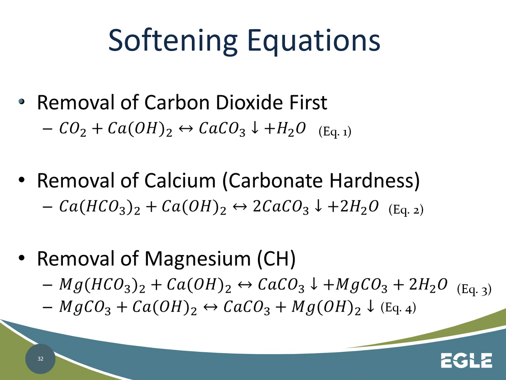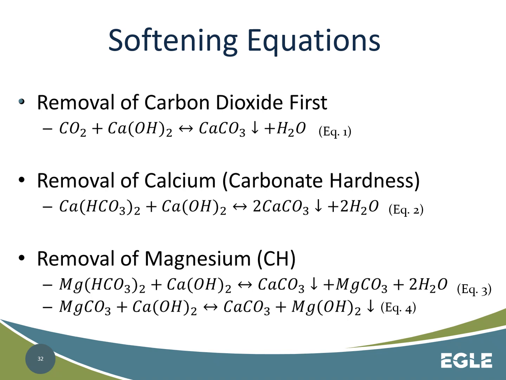of the water. The next equation is the removal of calcium carbonate hardness. Calcium bicarbonate reacts with hydrated lime to produce calcium carbonate precipitate and water. The third equation shown is the removal of magnesium carbonate hardness, where magnesium bicarbonate reacts with hydrated lime to produce calcium carbonate precipitate and magnesium carbonate.